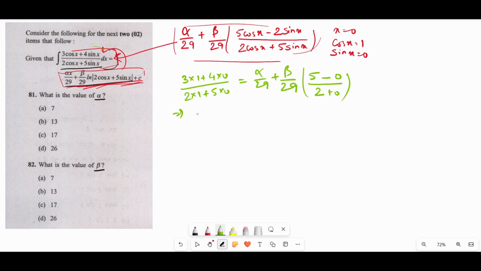On simplifying this, we get 3 by 2 is equal to alpha by 29 plus beta by 29 into 5 by 2. Let's call this equation 1.